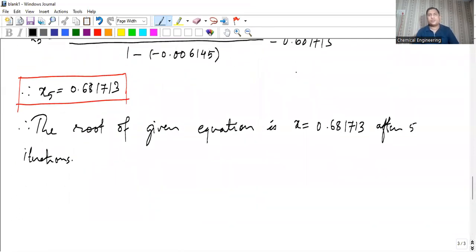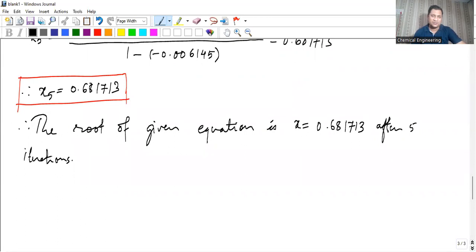In the Newton-Raphson method, always the accuracy is mentioned. Or it can be asked like go for 5 iterations or go for 6 iterations. Or the accuracy, like correct up to 4 decimals, correct up to 5 decimals, can be mentioned.